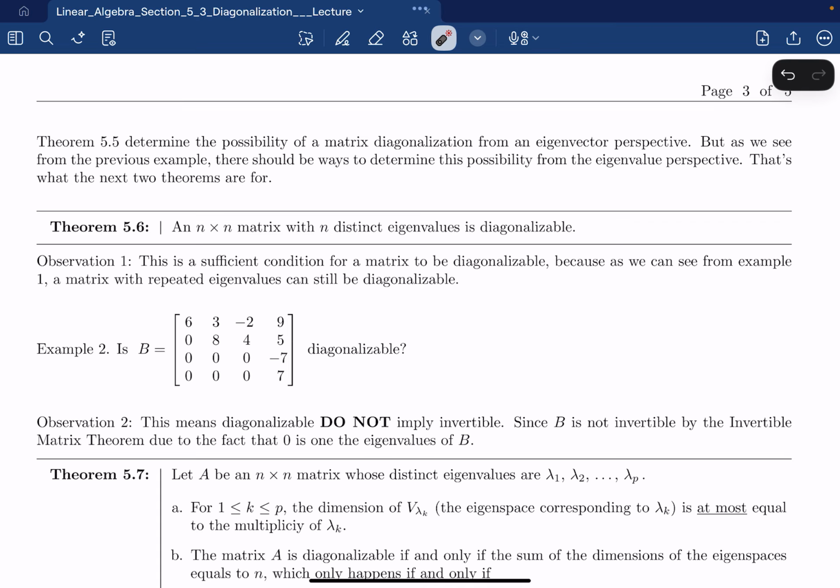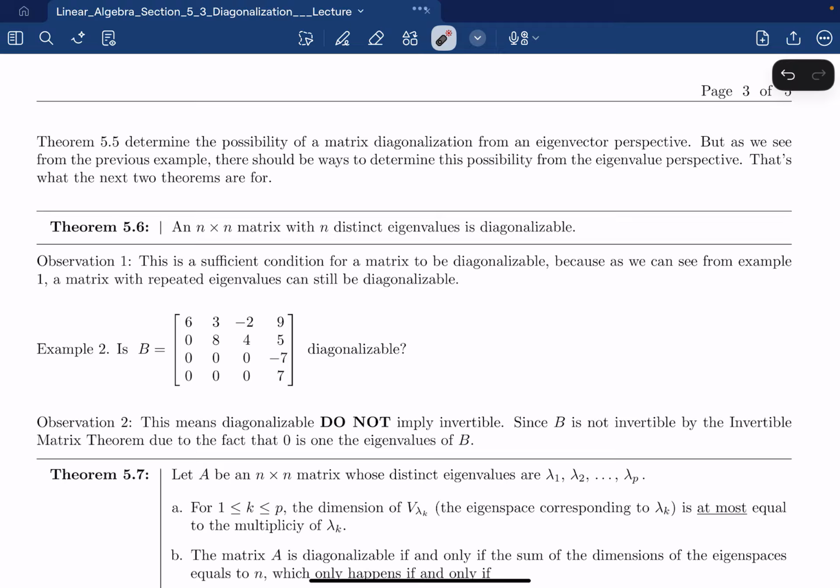But we also know that eigenvectors corresponding to distinct eigenvalues are linearly independent. So basically, if we have n distinct eigenvalues, then we are automatically guaranteed diagonalization.